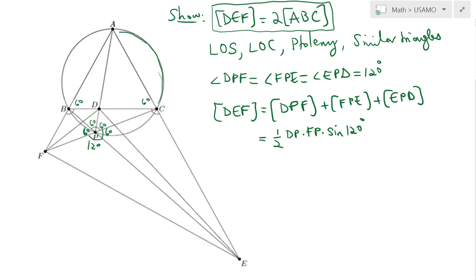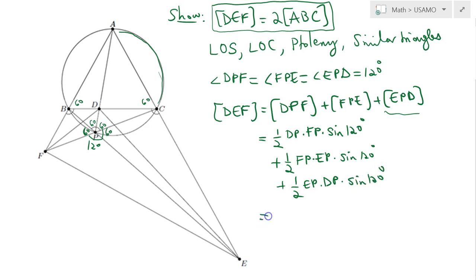In a similar way, we can represent FPE as 1/2 times FP times EP times the sine of angle FPE, which is 120 degrees as we observed earlier. And finally, the area of EPD is simply 1/2 times EP times DP times the sine of the angle between these two sides, which is 120 degrees.